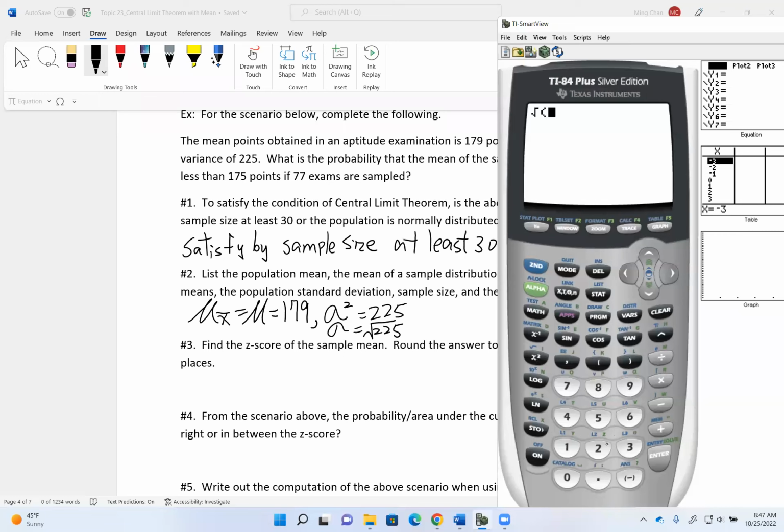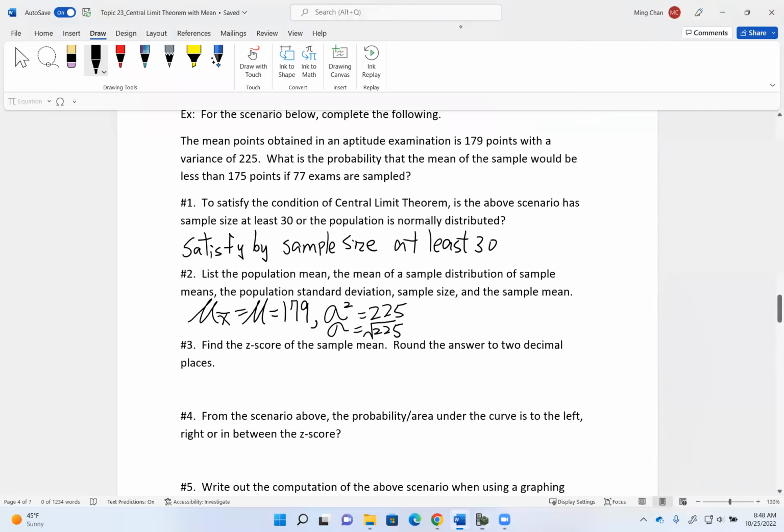Yeah, I believe so. Okay, but I'm gonna show you how to type this whole thing in there. All right, sample size is 77. And the sample mean I need to convert is the 175 points.